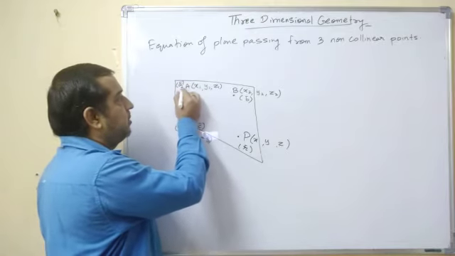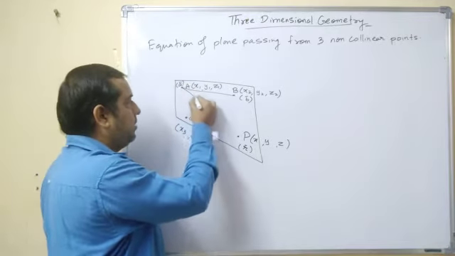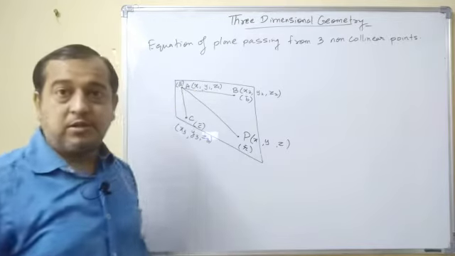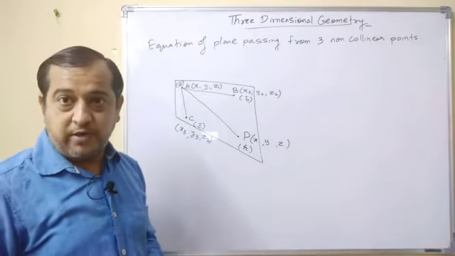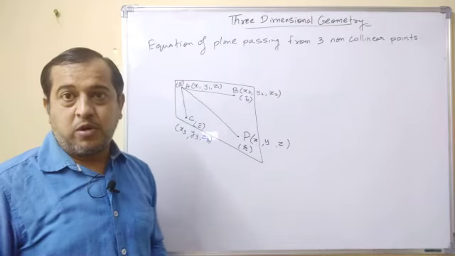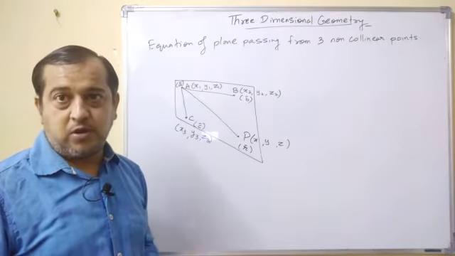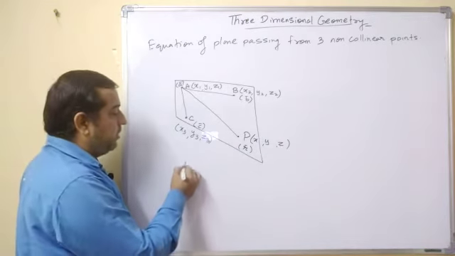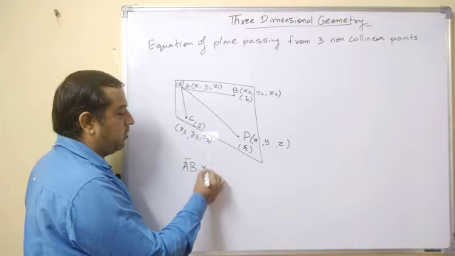Keeping point A fixed, we join AP, AB and AC. Now from this, we find vector AB cross vector AC.